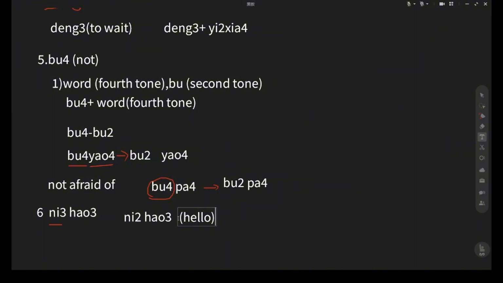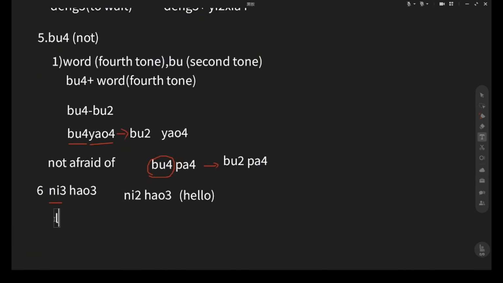Two words, both are the third tone. We put the first word into the second tone. 你好.